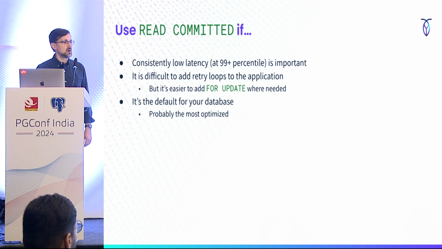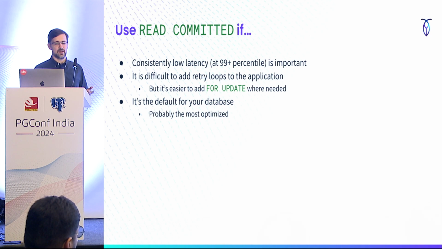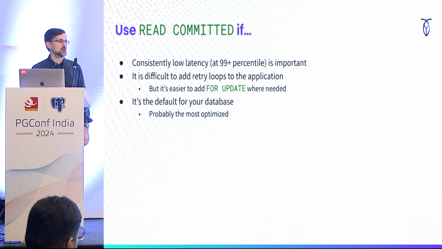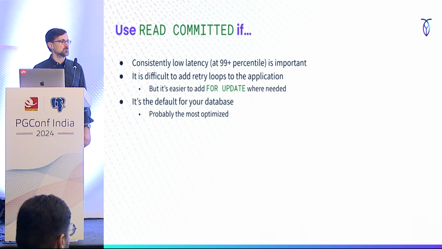And it's a good choice if it's hard for you to catch and retry errors in your application, but it's easier for you to keep track of the explicit locking needs and to add your FOR UPDATE clauses where necessary. Also, if it's the default for your database, then it's probably a good idea to stick with it instead of changing from the defaults, because your drivers and ORMs and whatever frameworks you're using are probably going to be tuned for whatever your database's default is.